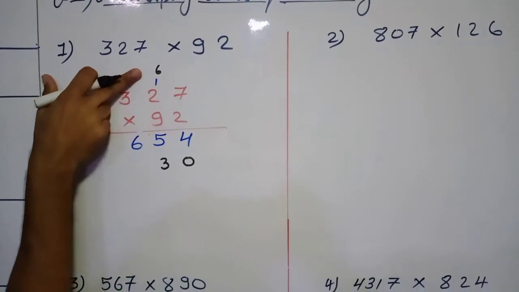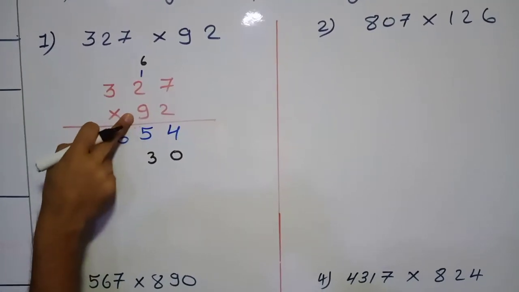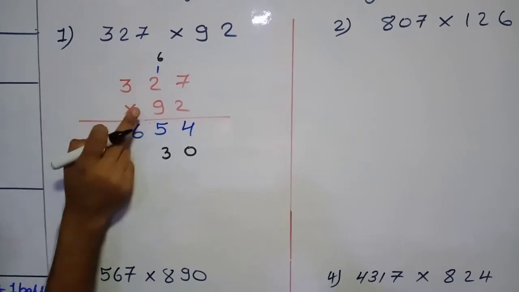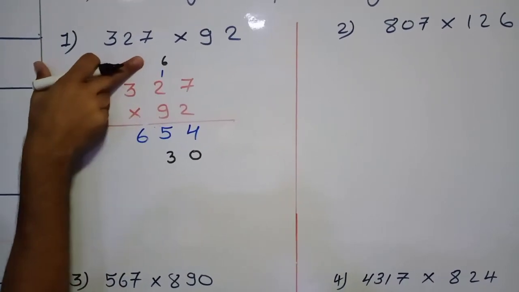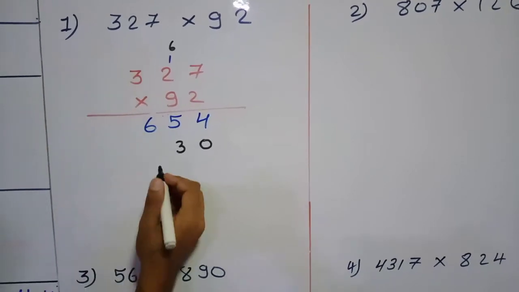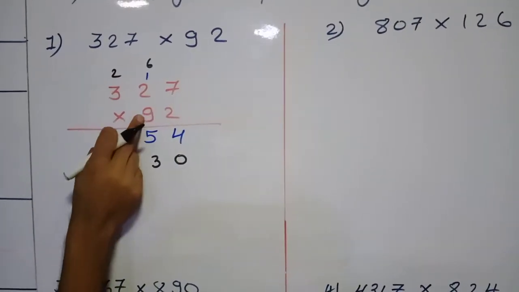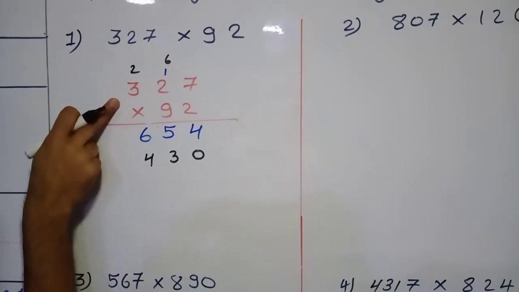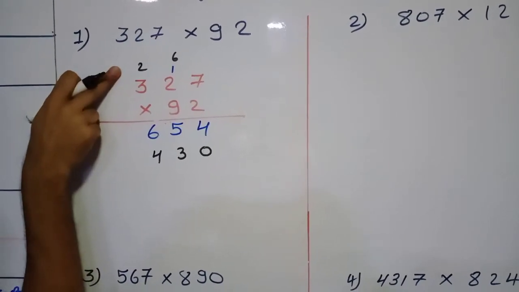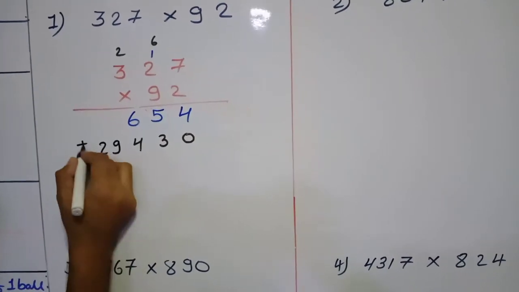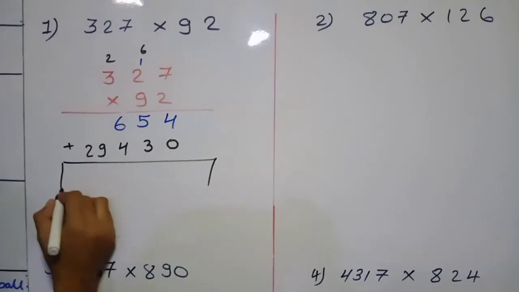Whatever we get by multiplying, we have to add the carried number. So 9 twos are 18 plus 6, that is 24. 4 is here, 2 again carry. 9 threes are 27. Add these 2. 27 plus 2, 29. Put the sign of plus over here.